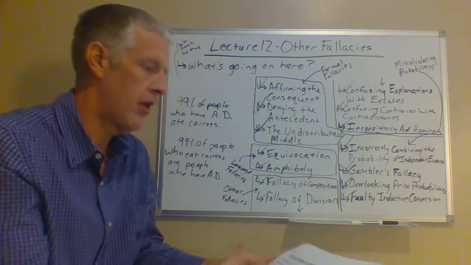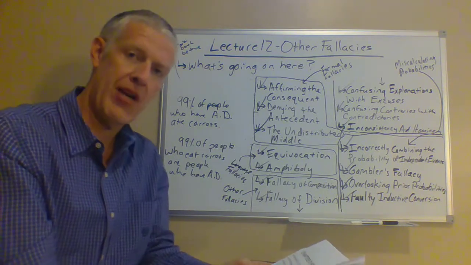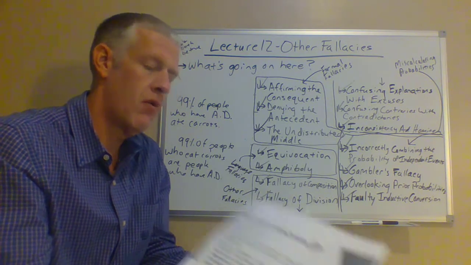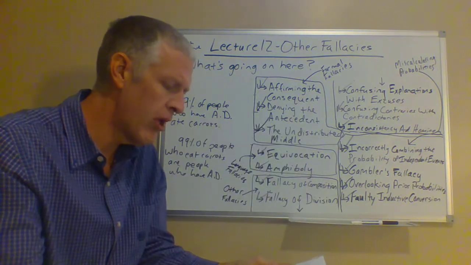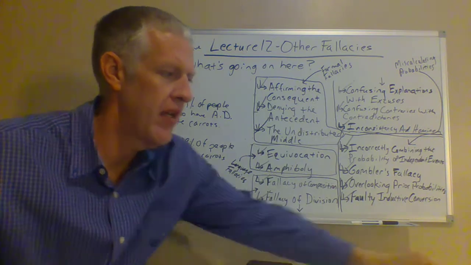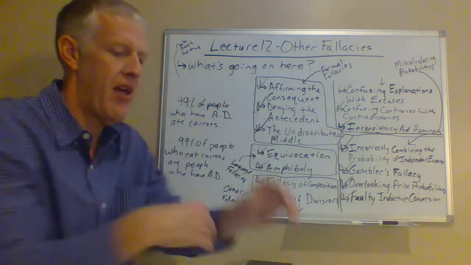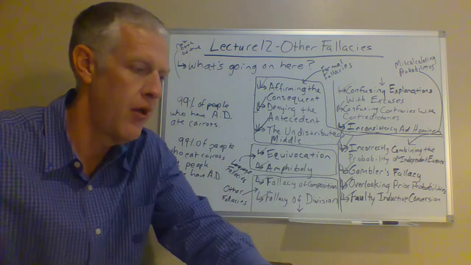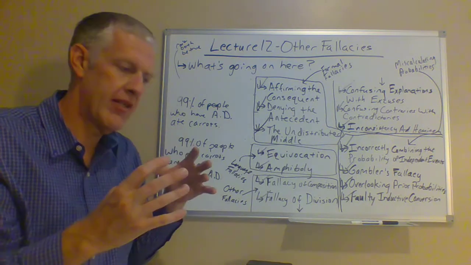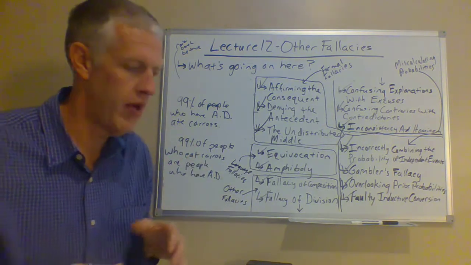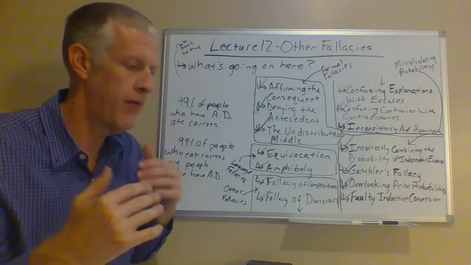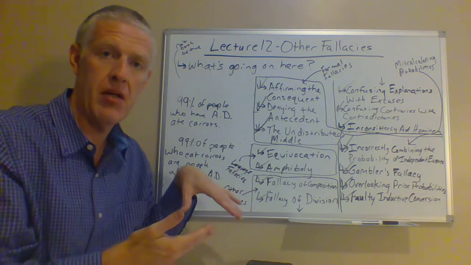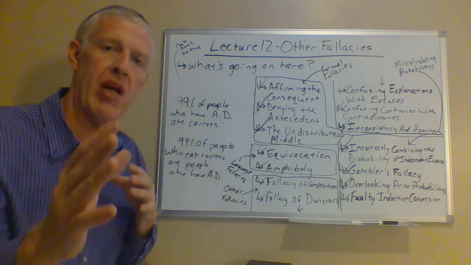But I'll leave you then with, again, lecture 12 corresponds to chapter 8 of the textbook, the 13th edition. So if you're taking the course, I'll leave you again with the homework. I did want to mention that I try to give you an idea of our labels and how they match up with the homework in the back, because it's very similar to the previous 2 homework assignments, where you read something, at least the bulk of your homework. In exercise 8.4, you're reading a passage and then trying to identify which of the fallacies we talked about in this chapter or in this lecture best applies.